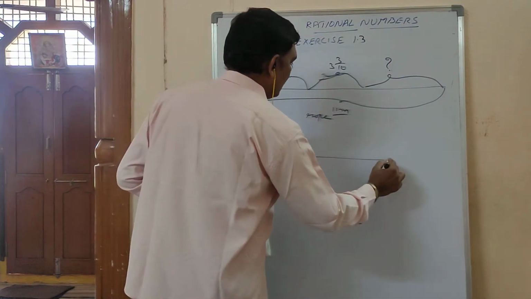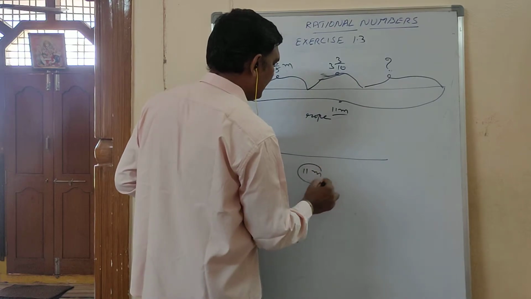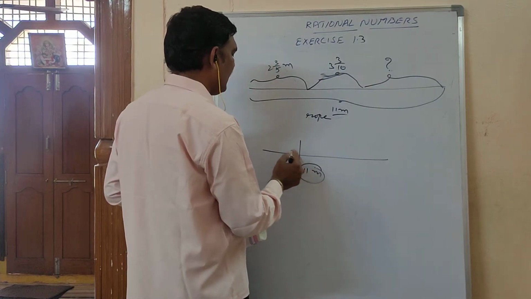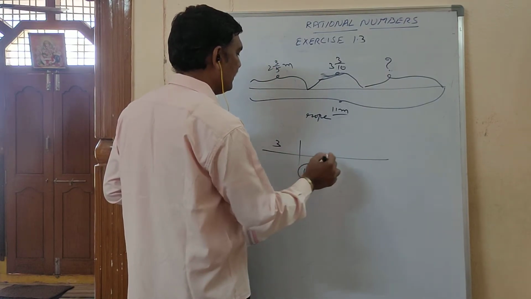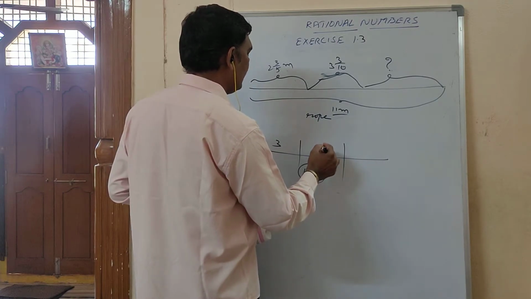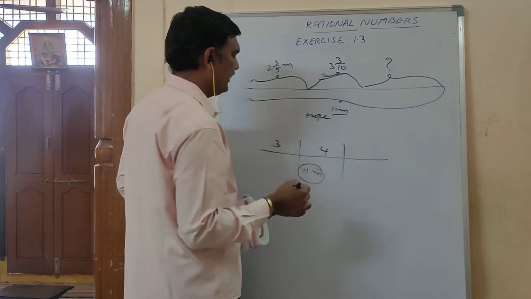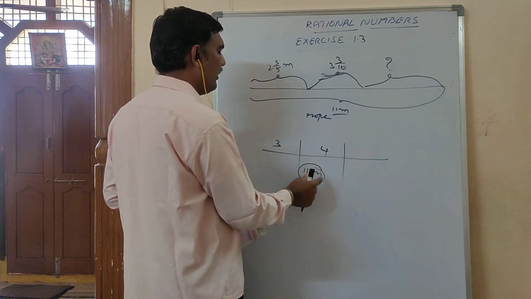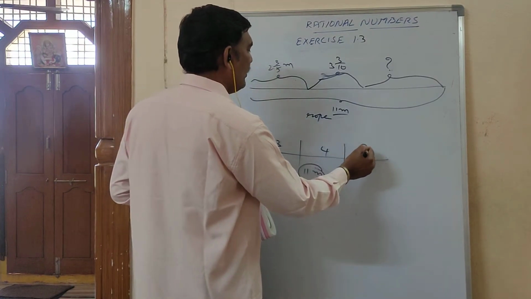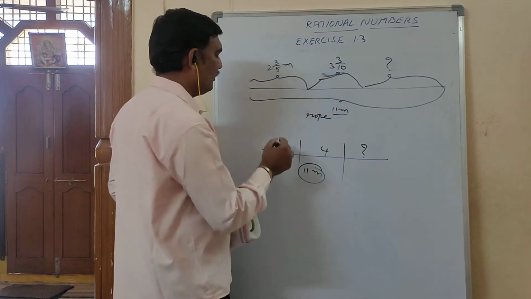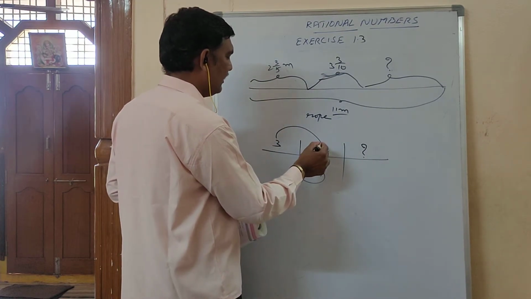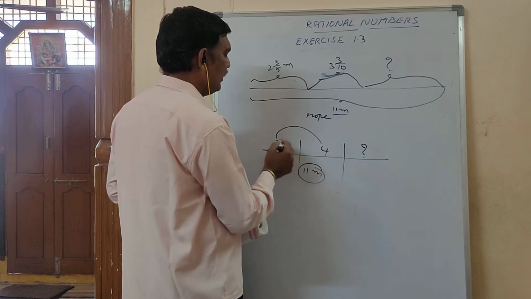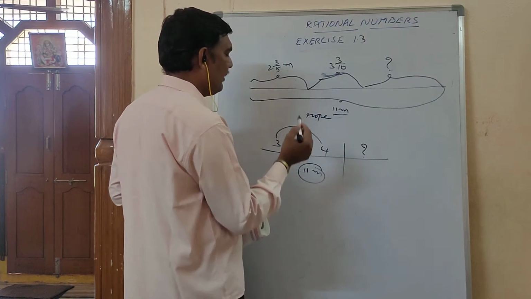See, let it be 11 meters. If you cut one piece of 3 meters and one piece of 4 meters, two pieces from an 11 meter rope, how much rope remains? What will you do? You add these two and subtract this sum from 11 meters.